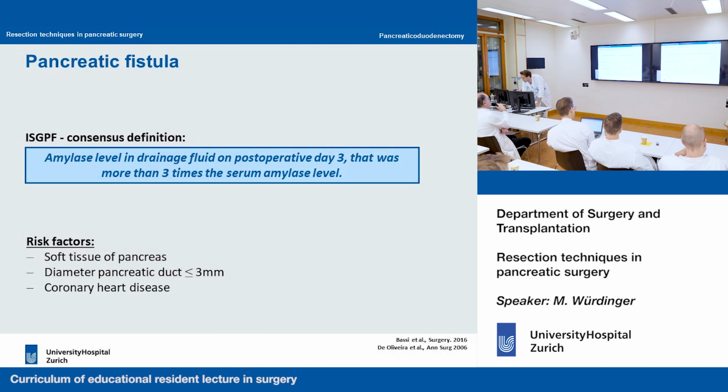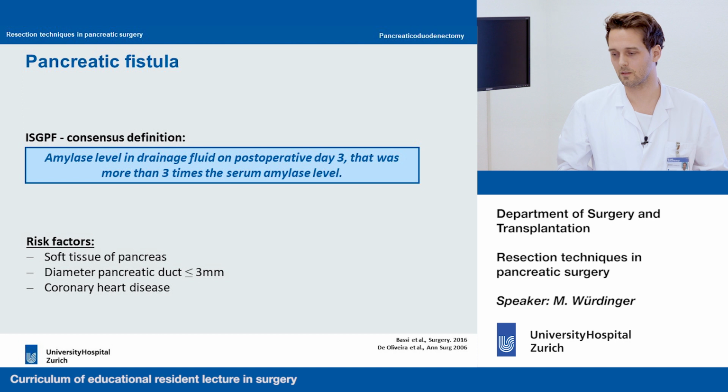Usually the fistula rate is 6% or less, and not very serious. While in soft pancreas there is always a higher risk, and here you also mentioned that in some situations where there's a serious fistula, one of the life-saving procedures is not to wait too long, go and take the rest, do a total pancreatectomy, and you can save a few lives when you do that in some of these circumstances.